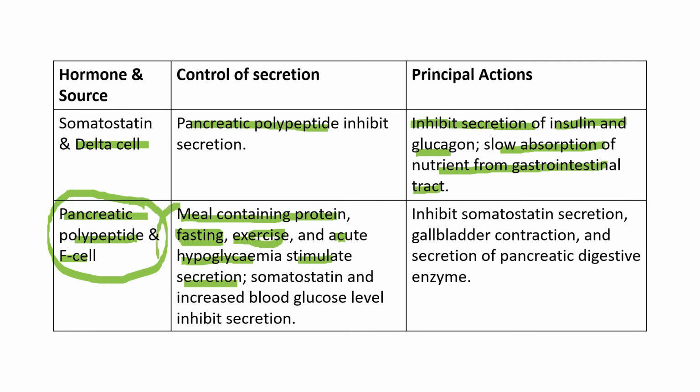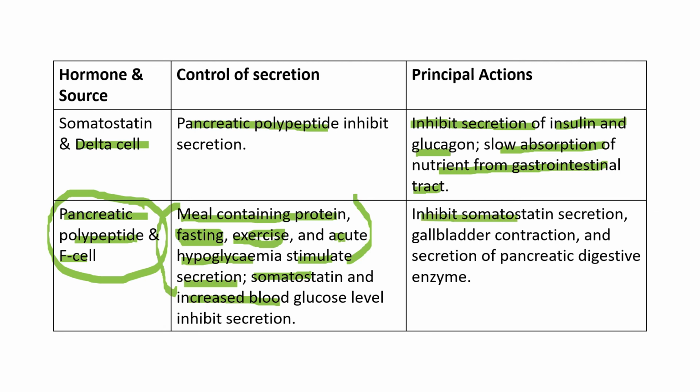So these conditions are responsible for its secretion: protein diet, fasting, exercise, acute hypoglycemia. It is inhibited by somatostatin, and if the blood glucose level is increased, pancreatic polypeptide is inhibited.